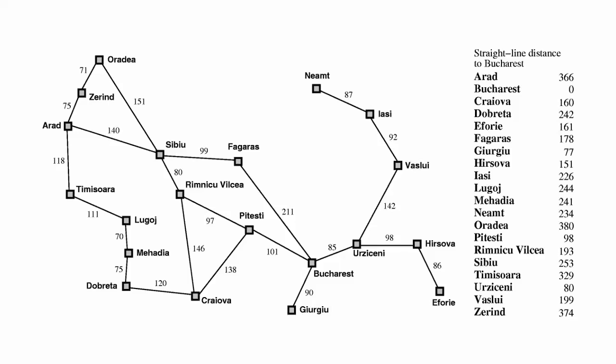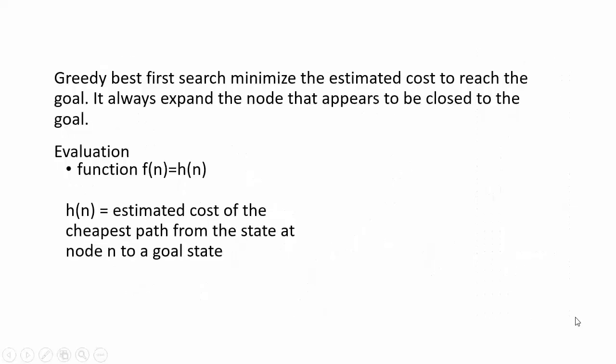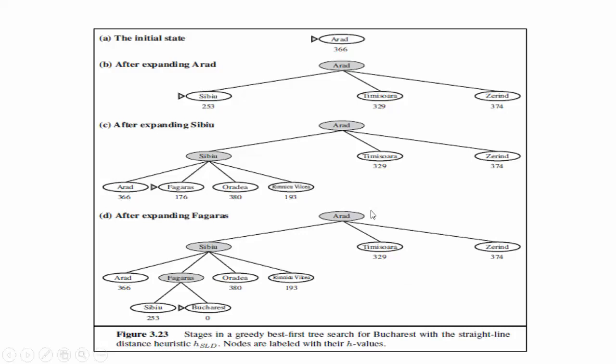The estimated cost for Timisoara is 329, Sibiu is 253 and Zerind is 374. So the heuristic costs are 253 for Sibiu, 329 for Timisoara and 374 for Zerind.